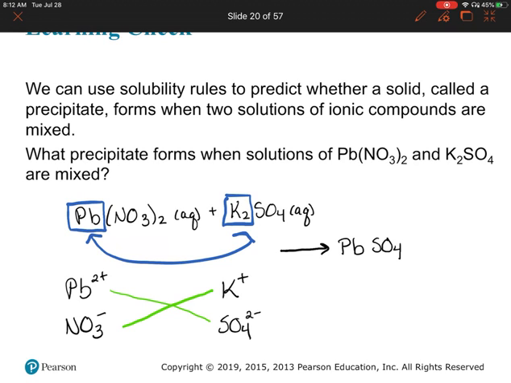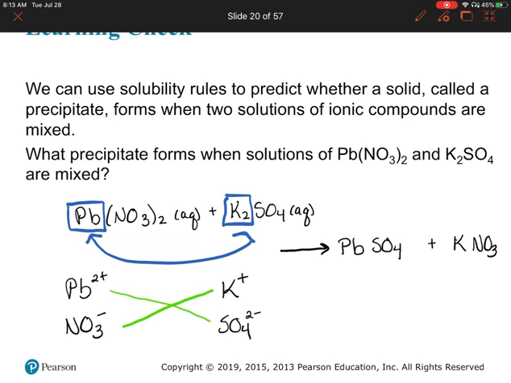We have lead 2+ paired with sulfate 2-. Are those balanced? Yes, they balance each other out, so we only need one of each there. And then our other product will be potassium paired with nitrate. Are those charges balanced? Yes, we have a positive and a negative, so we just need one of each there as well.